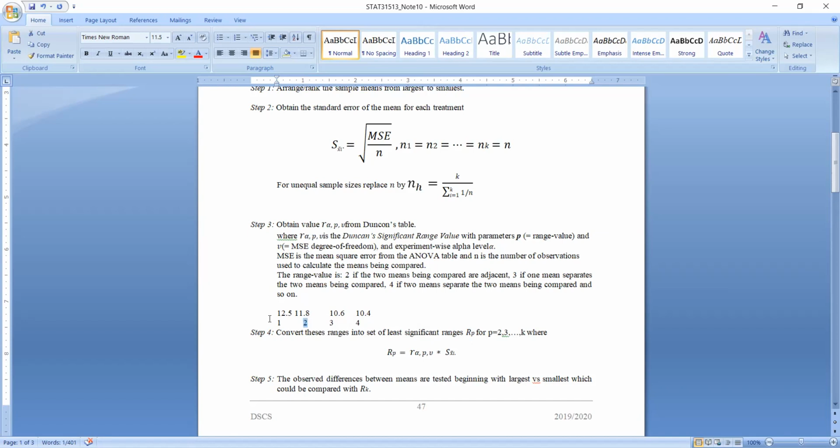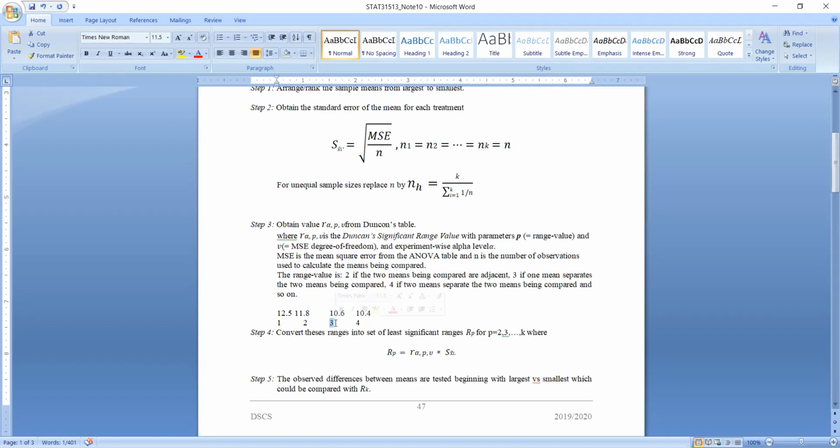Now if you compare the first one and the third one, that is 12.5 and 10.6, again the largest rank is equal to 3, right?